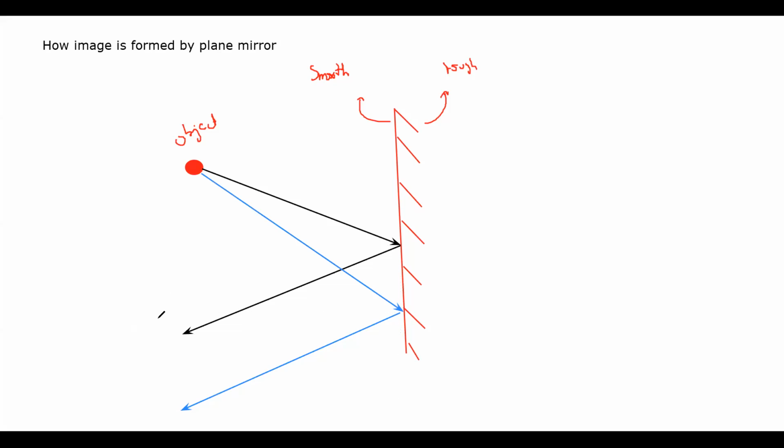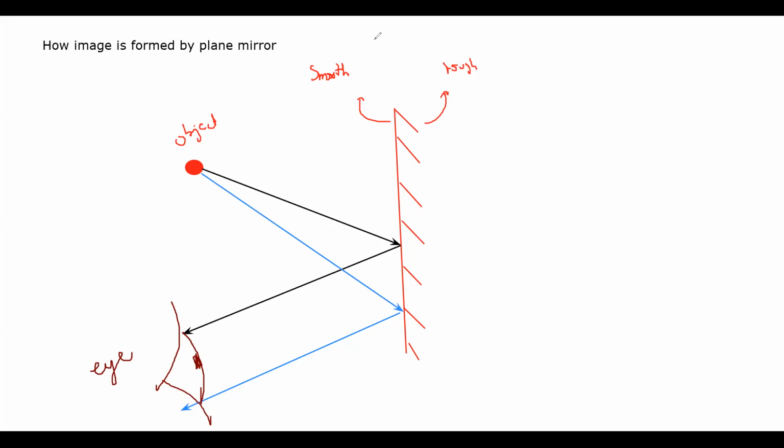Then a person who is observing this object, for example this is an eye. How are we able to see this object?